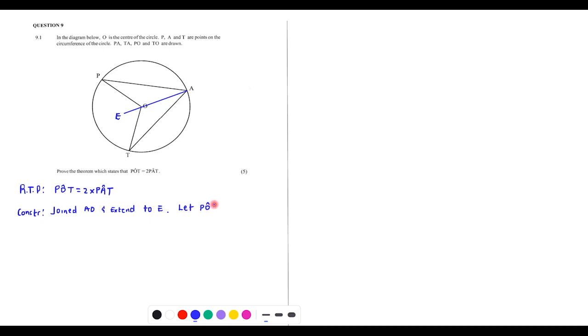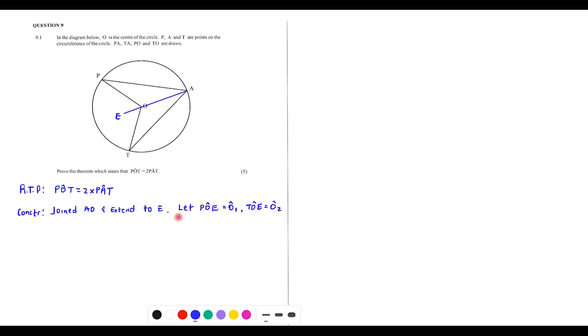Now from here, we need to introduce some angles. So POE is going to be O1, and TOE is going to be O2.